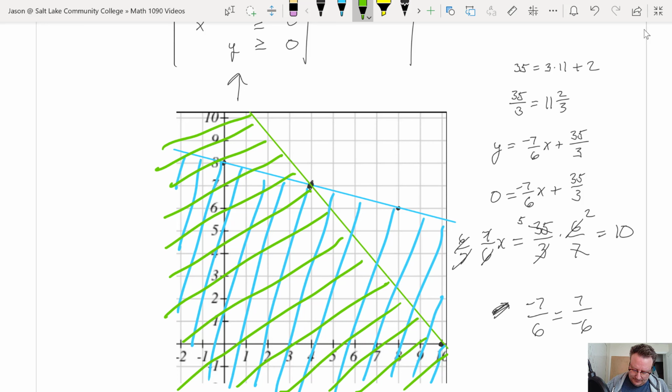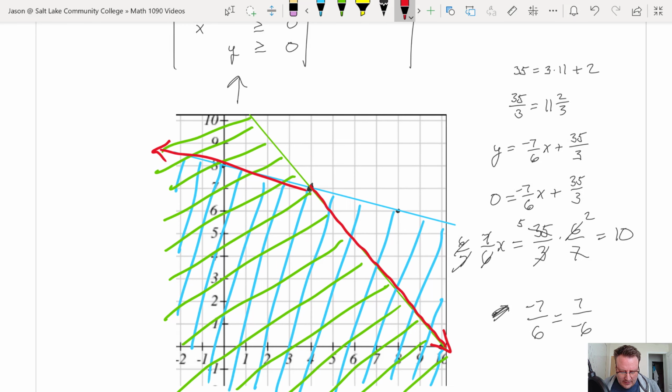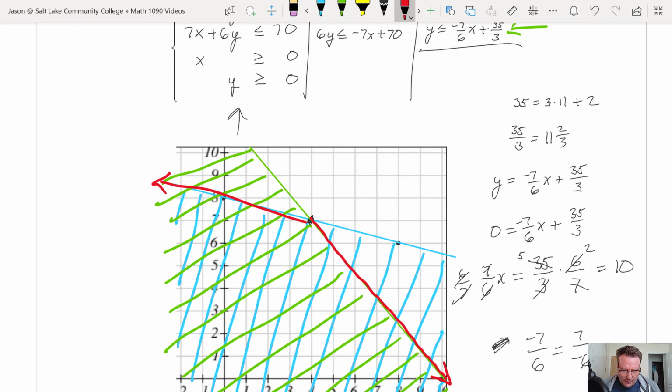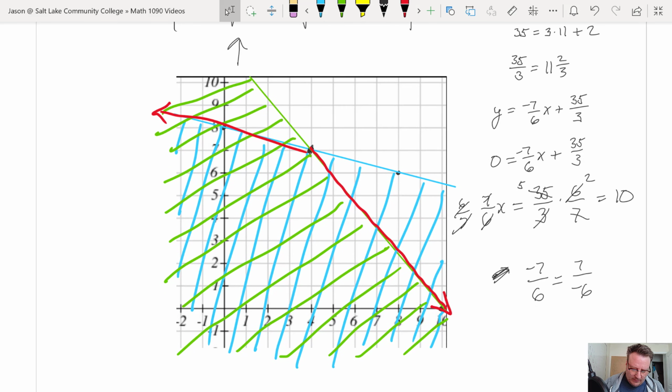Okay, so what is our region? I'll kind of outline it here in red. The region of intersection would be defined by this portion. I can do a little bit better than that. So everything below the two, and in fact, because we have these inequalities, x has to be greater than or equal to 0 and y has to be greater than or equal to 0, we can actually do even more exclusion.